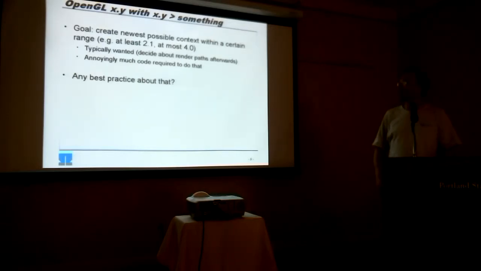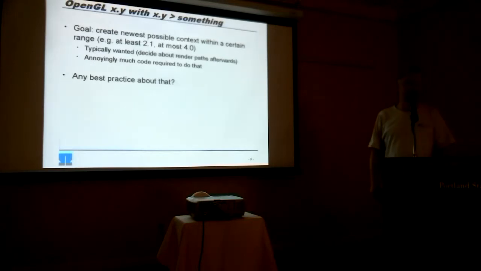So say you code something at the current point in time, and you say, I want the most recent OpenGL context, starting with 3.1 and up to 4.4. And after that, you check which version you got and decide about render paths and so on.